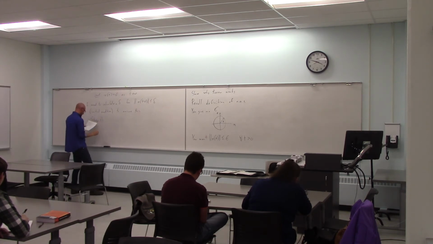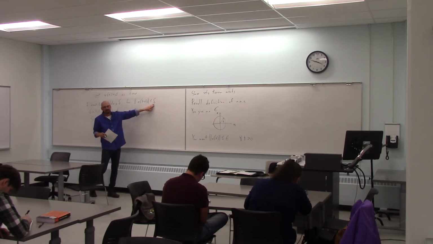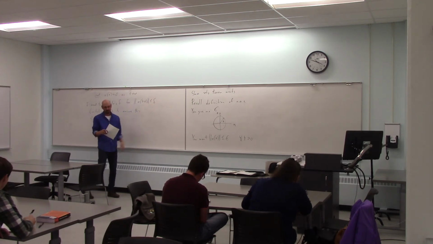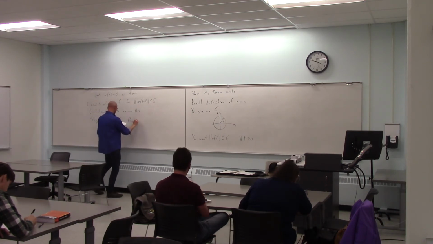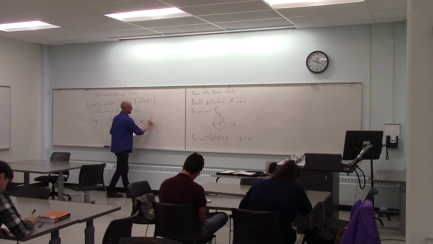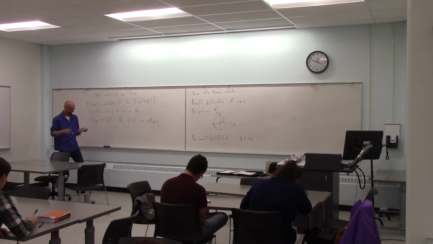So let's do this. I just said there was some method of calculating delta. So actually I'm going to show you now how to calculate delta. This is only going to work for ellipses. So a way to calculate delta is to use an ellipse.